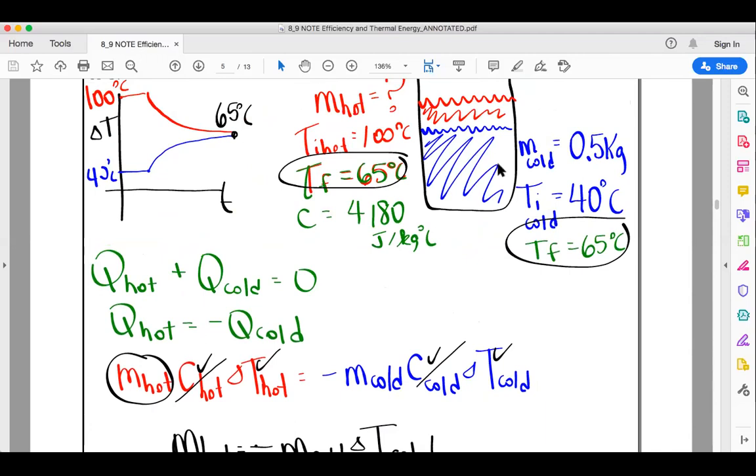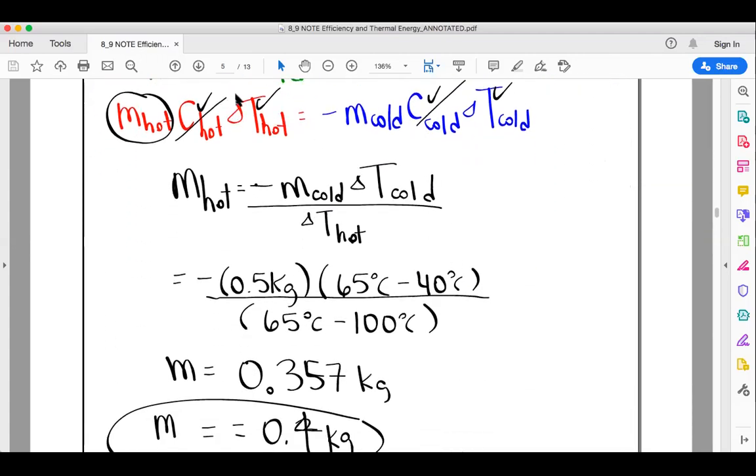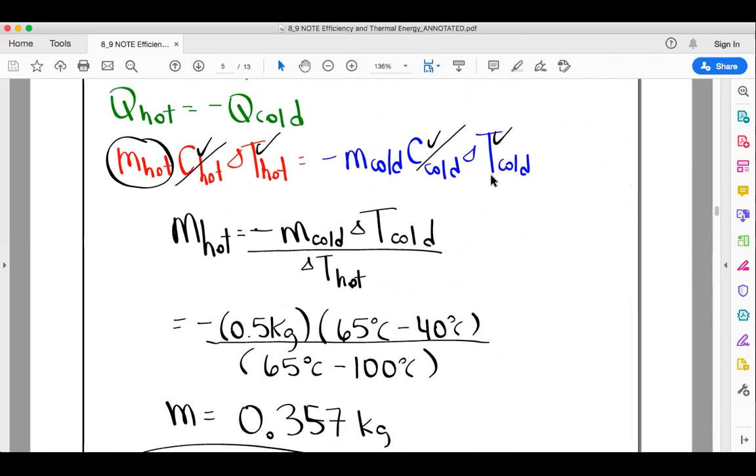All you need to know is the substance and have a table nearby. This is water on the bottom and water on the top. They both have a specific heat capacity of 4,180 joules per kilogram degree Celsius. That's a very high specific heat capacity, but it is water. So it actually cancels out both sides. So we don't actually need to know it in this special case where they're both water.